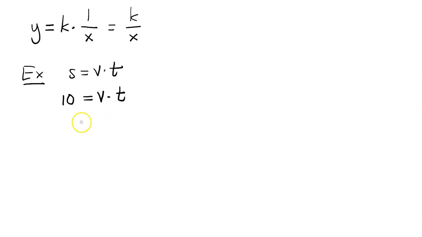Let's say that we now want to find out how long time it takes, depending on the speed. Then we can divide by v on both sides, and we get this. And this we can write as 10 times 1 over v. So we see that the time it takes to travel 10 kilometers is inversely proportional to the speed. So if we double the speed, then we halve the time. And if we halve the speed, we double the time. So they're inversely proportional.